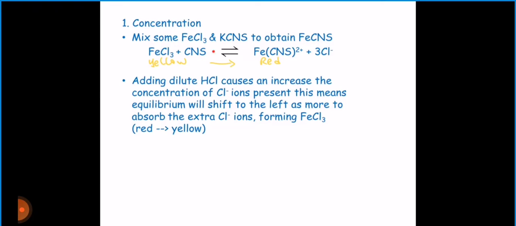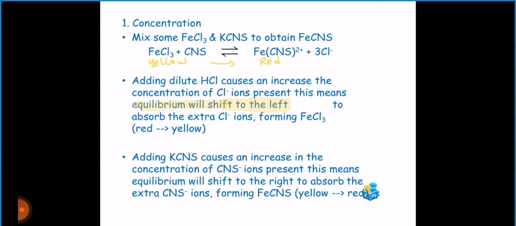So the backward reaction would happen. Equilibrium will shift to the left here in order to absorb the extra Cl- ions that have been added, and we form iron 3 chloride. So the red colour will become yellow.